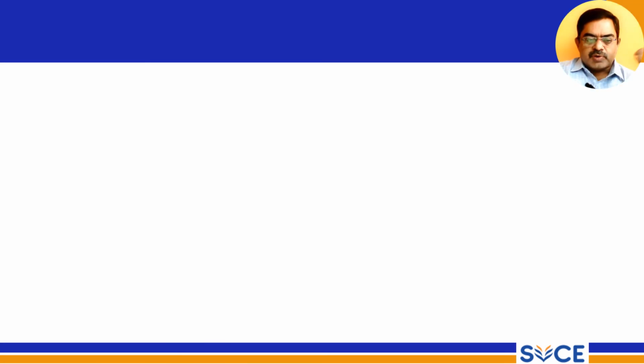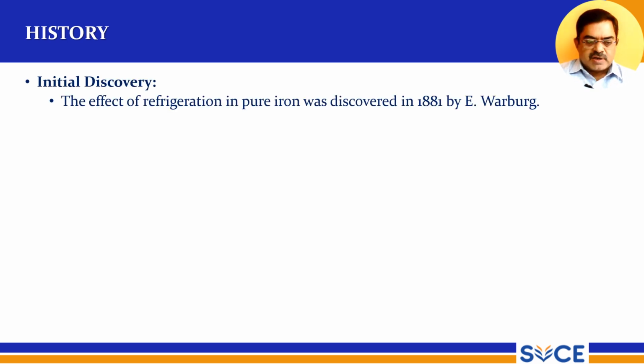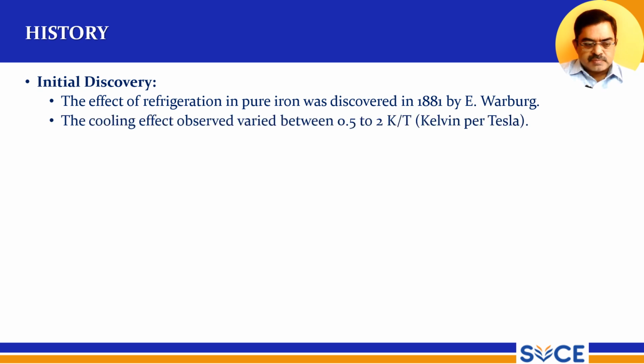So coming to history, initially the refrigeration effect in pure iron was discovered in the year 1881 by E. Warburg. The cooling effect observed varied between 0.5 to 2 Kelvin per Tesla. So that is Kelvin per Tesla.